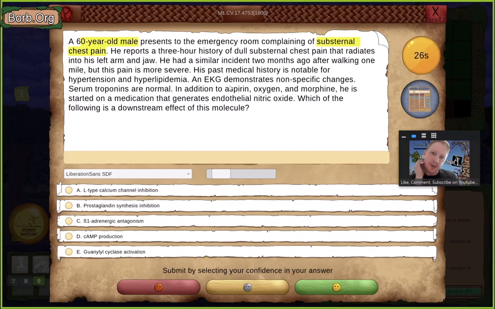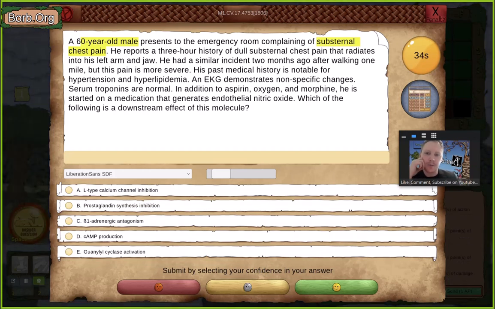His past medical history is notable for hypertension and hyperlipidemia. An EKG demonstrates non-specific changes. Serum troponins are normal. In addition to aspirin, oxygen, and morphine, he is started on a medication that generates endothelial nitric oxide. Which of the following is a downstream effect of this molecule?